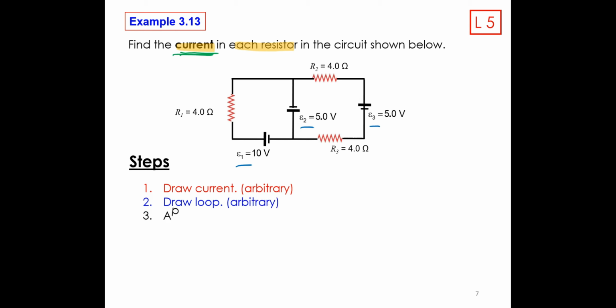What is a battery depends on us, as we like. The second step is to draw the loop, also a battery. And step number 3, apply Kirchhoff's law. Now we discuss one by one. First of all, you need to draw your current.